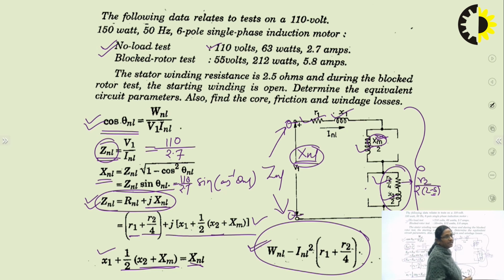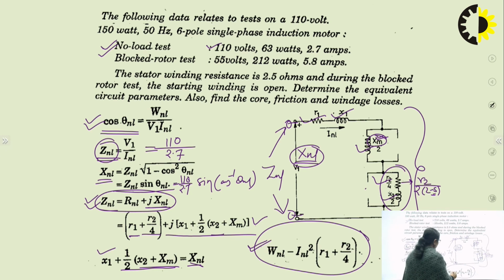Under no load condition, total losses in the machine are the constant losses and the I square R loss. Because the no load current in an induction motor is quite high, we cannot neglect its presence during the no load test.